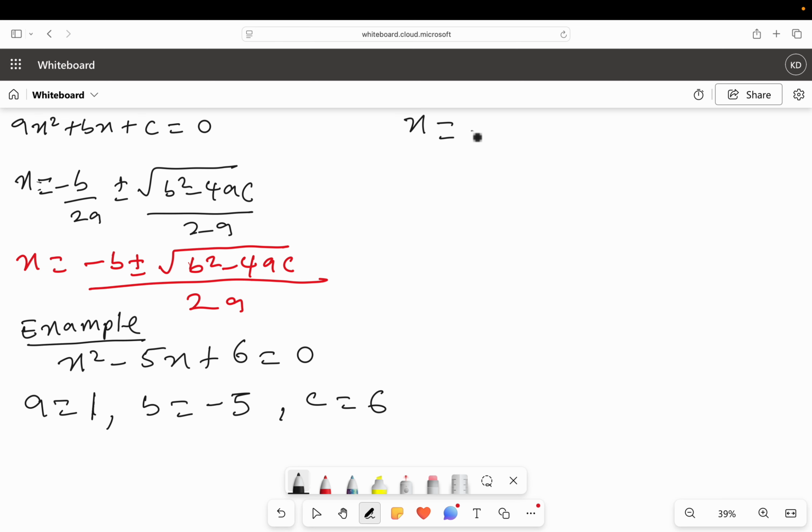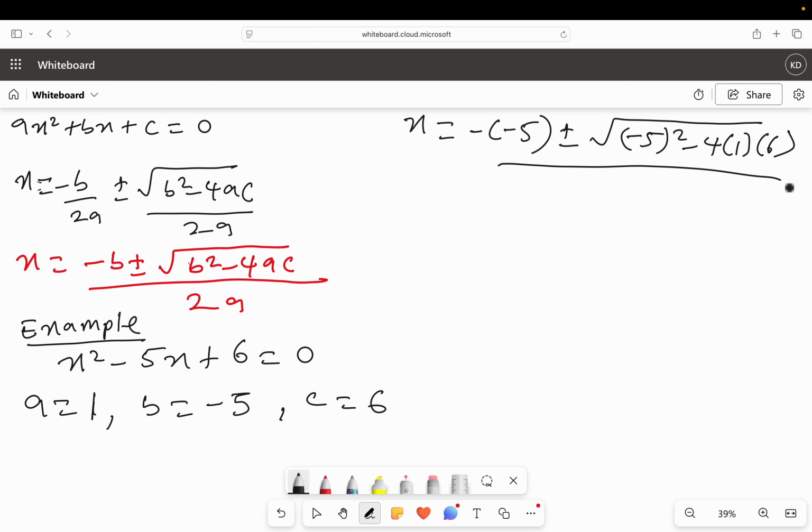So x will just be minus minus 5 if you look at the formula, plus or minus square root of minus 5 squared, then minus 4. Our a is 1, our c is 6, and then we have 2 times our a, which is 1.